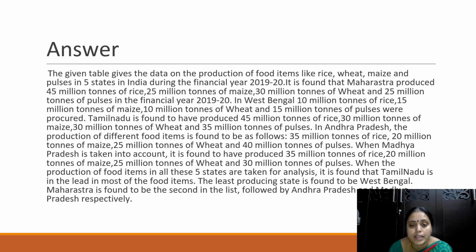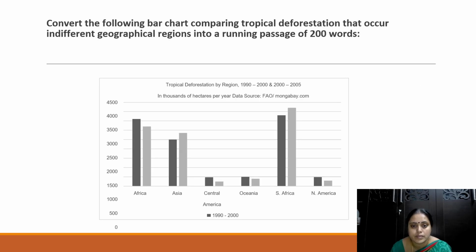This is the example and expected answer for the previous table. The given table gives the data on the production of food items like so and so, and then you give a detailed explanation of what has happened and how there was a rise and also a fall in each item in the year. Finally, you have to identify your overall observation of which state has produced the least and which state has produced the most.